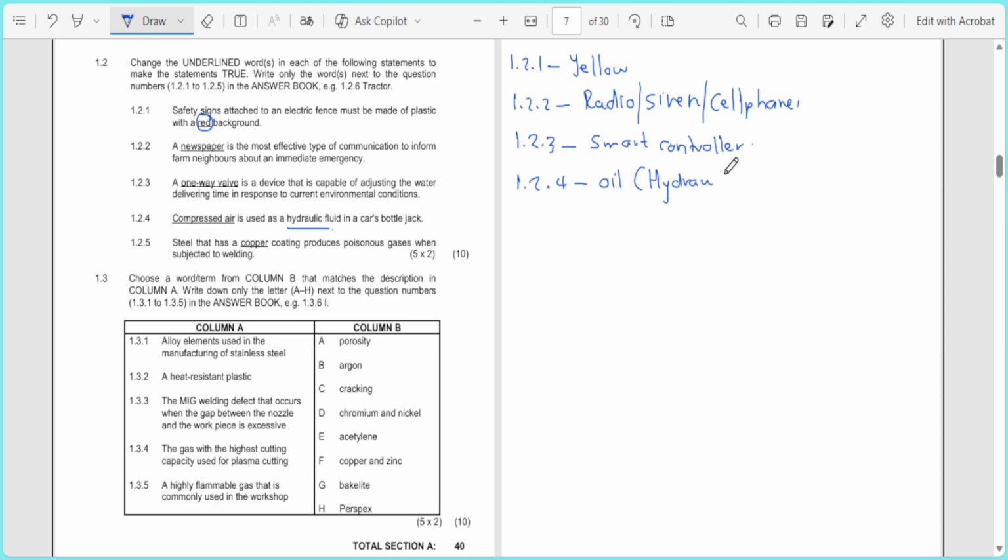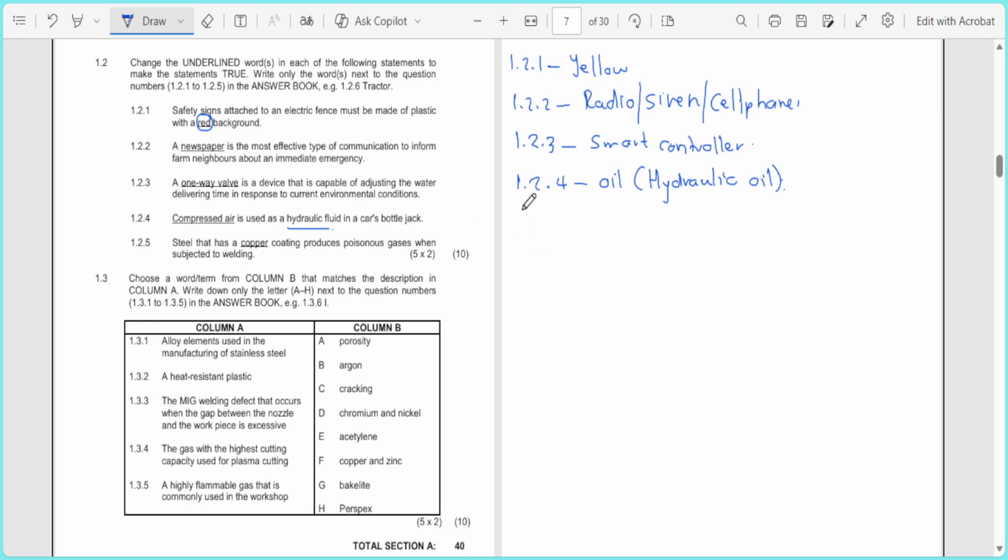Even if you wrote oil, I think it's going to work, but for a more descriptive answer, it should be hydraulic oil. It should be oil since oil is standard in all hydraulic jacks and equipment in cars.